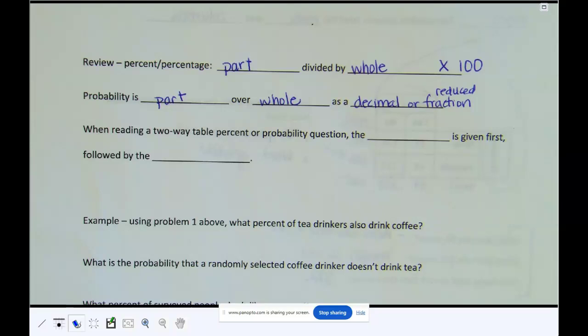So if I heard 3 out of 10, that is correct, because this is the whole and this is the part, which is red. Or divide those, 0.3. Those are the 2 possible answers for probability. If I asked you what percent of the jelly beans are red, then you would tell me 30%. Okay? Now, that is just a review of probability.